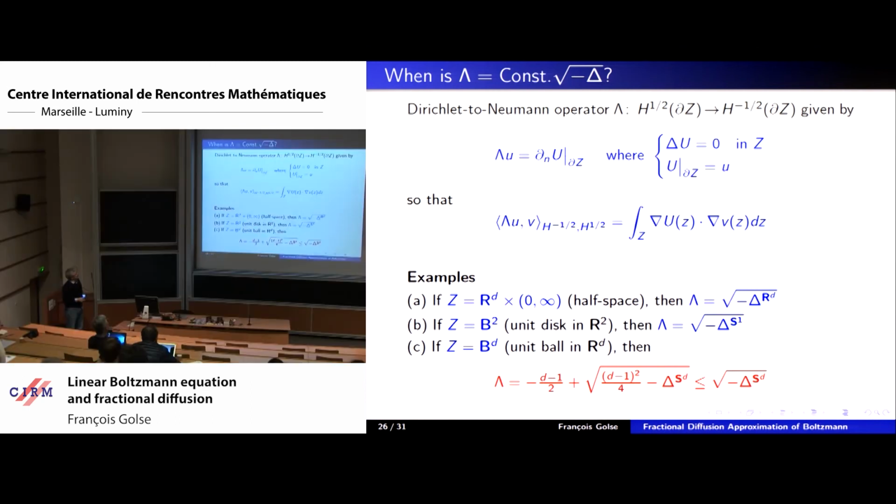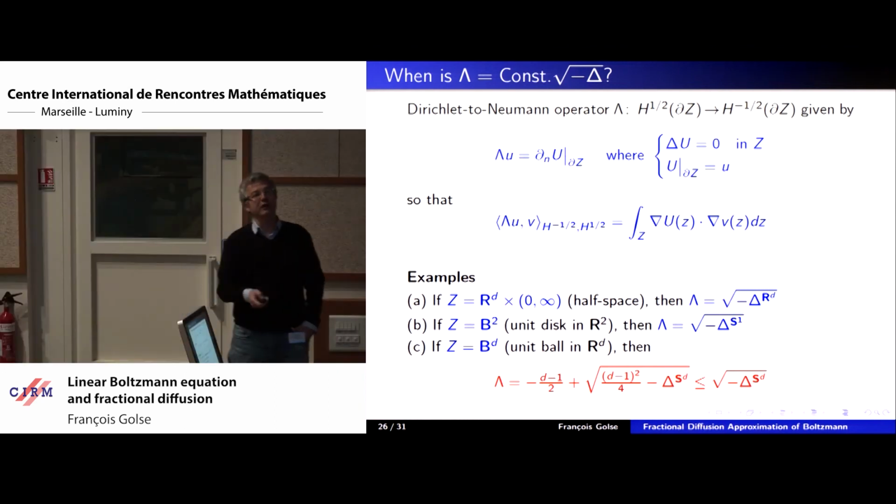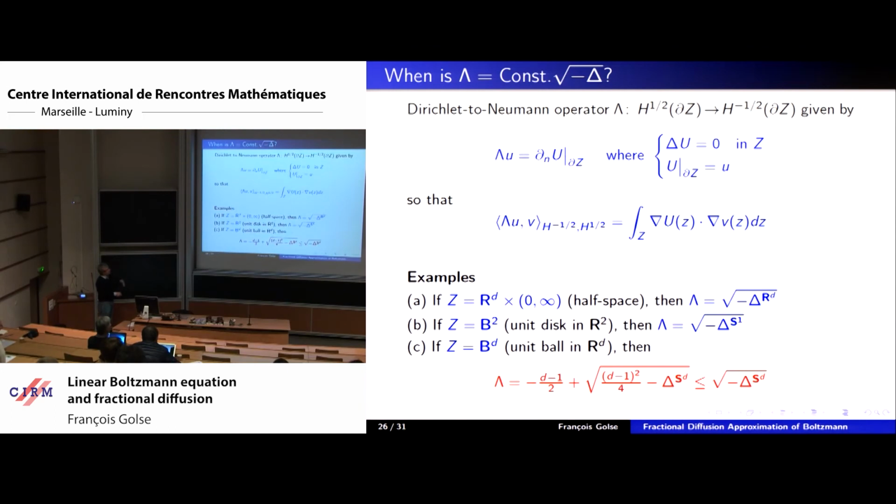You can define it variationally by this formula here. And then you can compute it in a few examples. The one that we've been using, this harmonic extension, is the fact that if Z is the upper half space, then indeed lambda is equal to the square root of the Euclidean Laplacian on R^d.